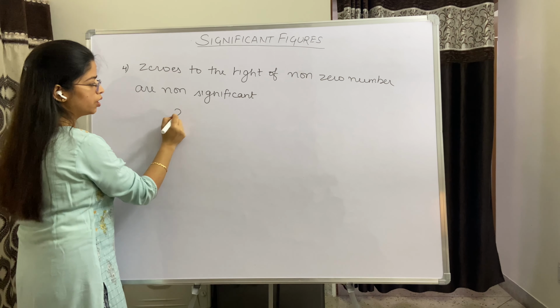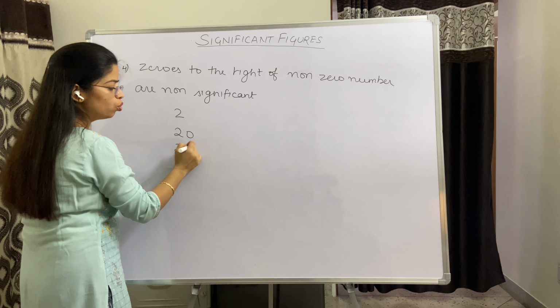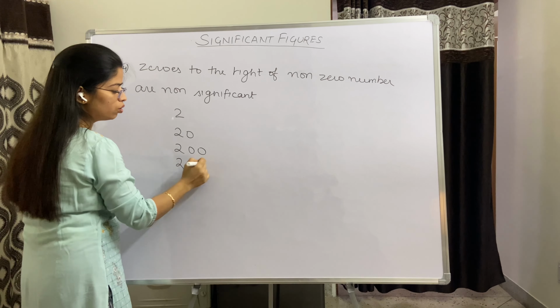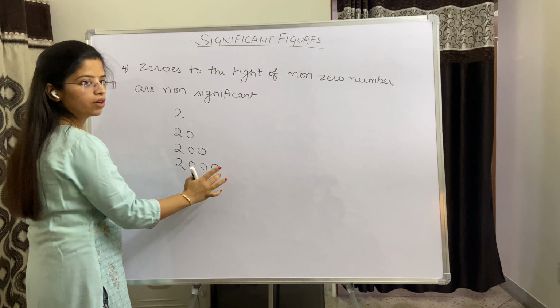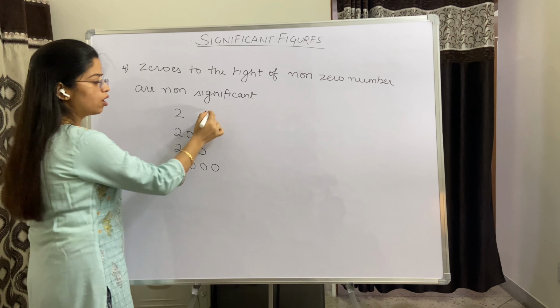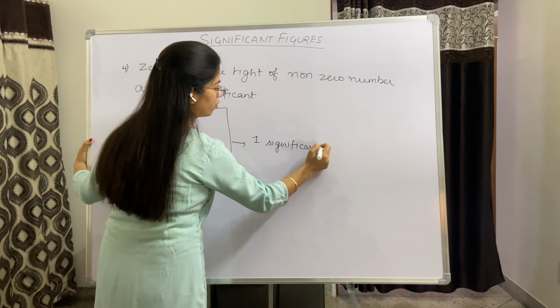For example, if you have 2, 20, 200 and 2000, we will not consider these zeros as significant. So according to rule 4, in all these numbers we are having only one significant figure.